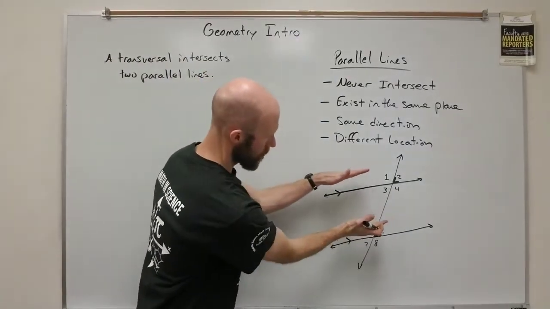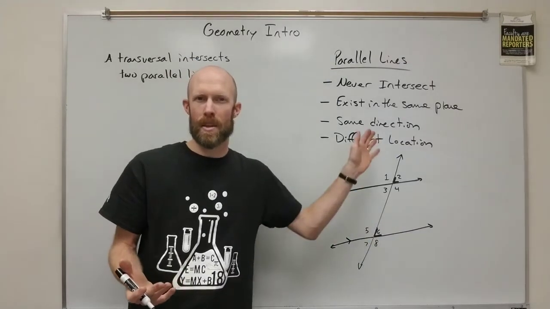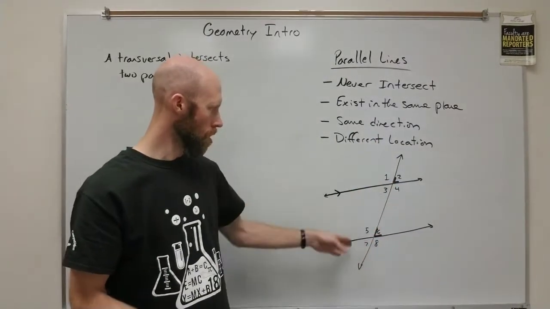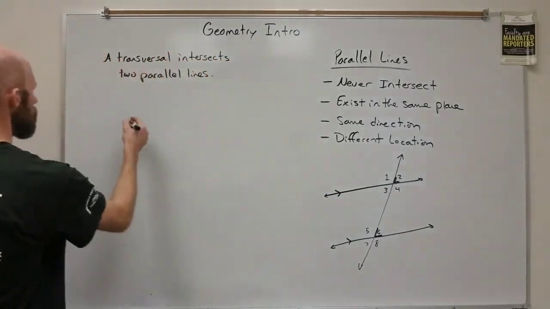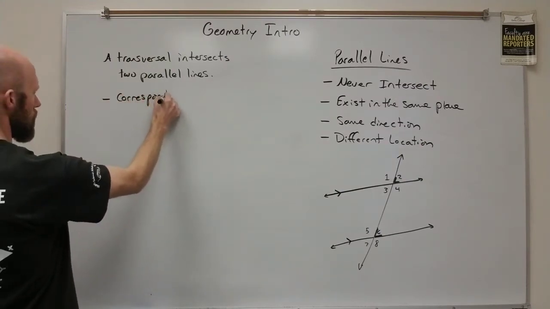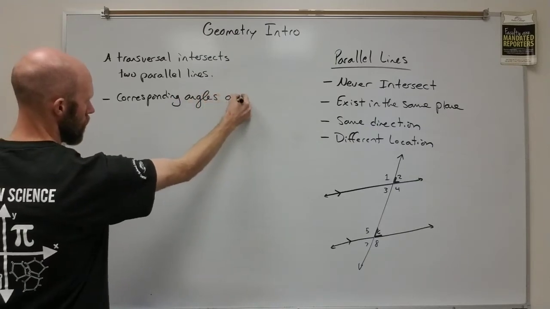Because the parallel lines run in the same direction, the transversal cuts them both in the same way, in the same direction. And so that angle is the same, and really all the corresponding angles are going to be the same. So we would say that corresponding angles are congruent.